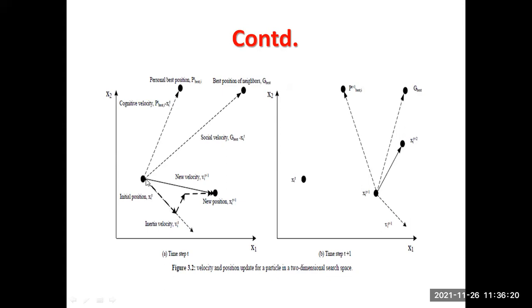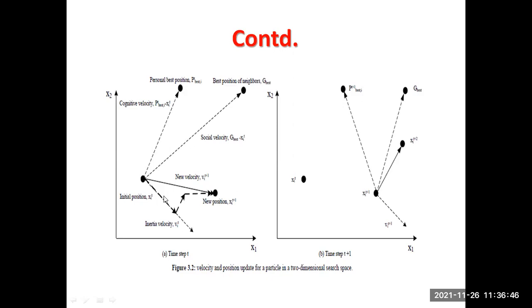When this particle is moving with velocity vi, it has some random direction. Let us say it is moving this way, then this way, then this way. So after one iteration, the particle has moved to this particular position. This is the new position.